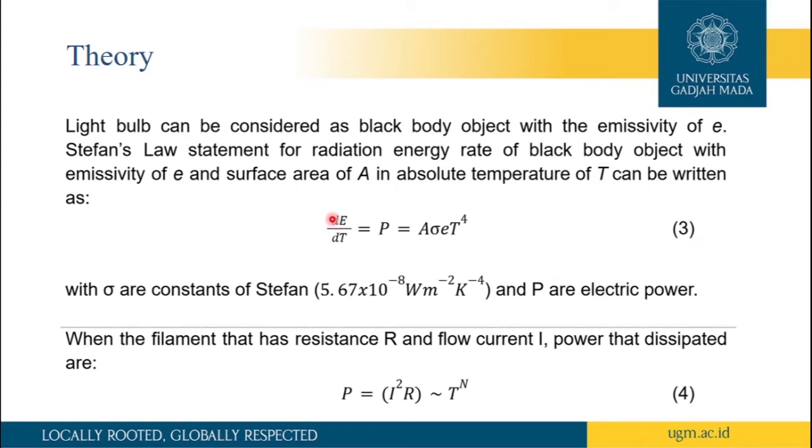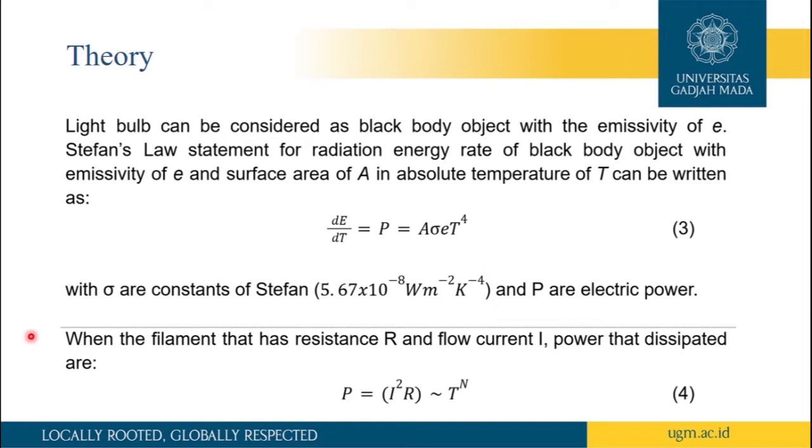The differential of energy with respect to time is equal to power. The formula of the power itself is the surface area times the Stefan constant times emissivity times the absolute temperature to the power of 4, with the value of the Stefan constant as shown.